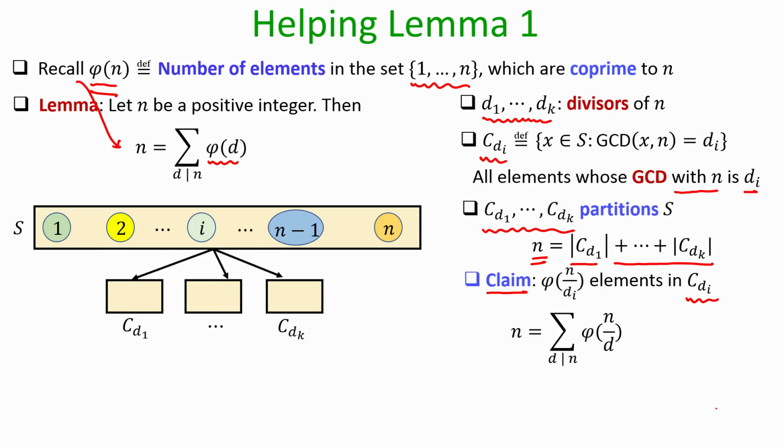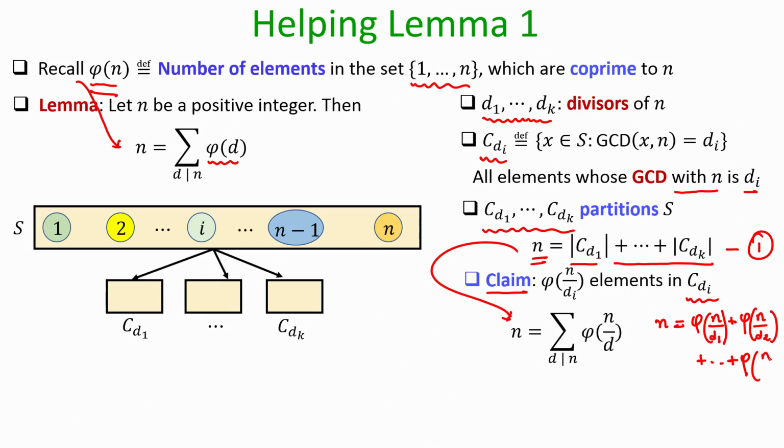Now, assuming for the moment this claim is true, if I apply this claim on this equation, so call this equation number 1, I basically get that n is the summation of the Euler-Totient function for n over d1, the Euler-Totient function for n over d2, and like that the Euler-Totient function of n over dk.